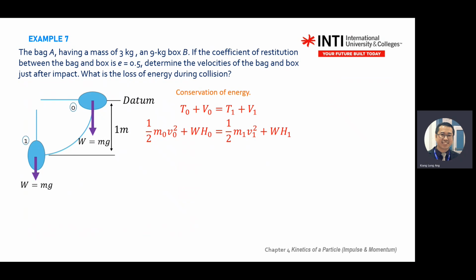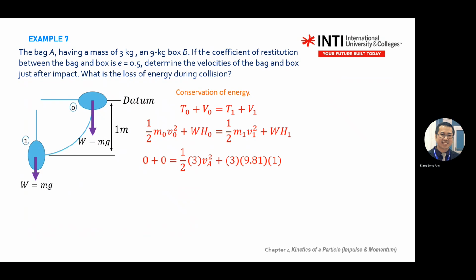So you put in kinetic mv square, your potential mgh or Wh. Why positive? In this case, I just put positive. But when you substitute the value, remember there is a negative there. The first one, your kinetic is 0 because velocity starts from 0.